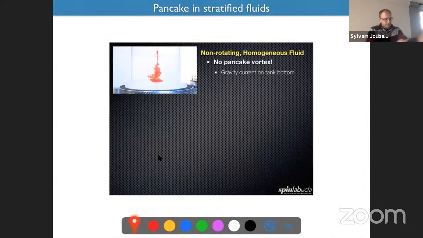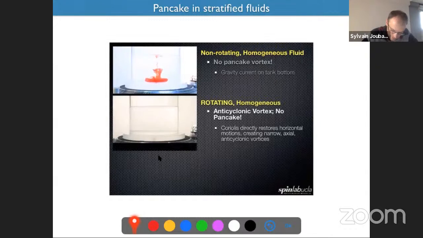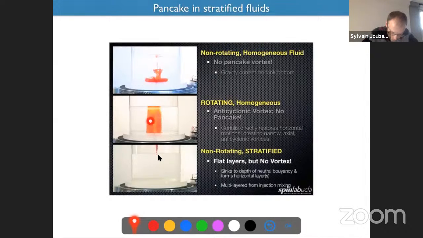Now the second case you will see is a rotating system. You can see that it's rotating, and you have fluids everywhere, and you form a vortex that is anticyclonic, so it's rotating in the other direction to the system, and you have a column.